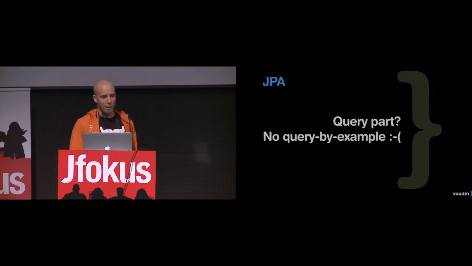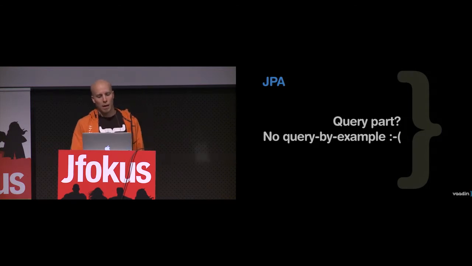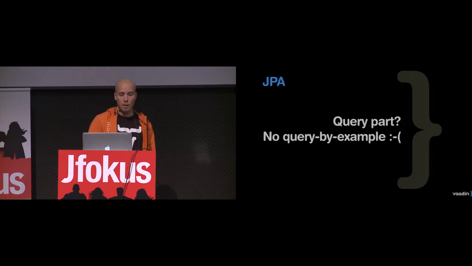And one thing I actually missed from my very early days of Java development, when we were using the first versions of raw Hibernate, was the query by example feature, which is really nice. That was an object-oriented way to do queries, and in JPA there is no such thing.